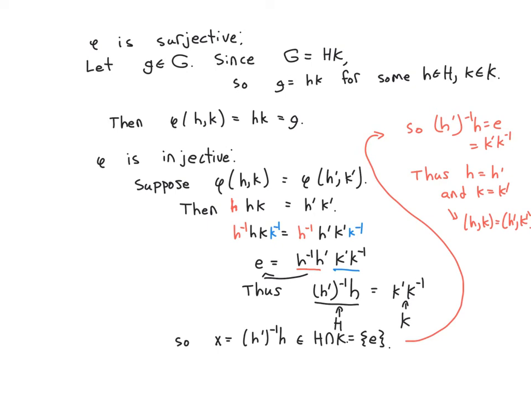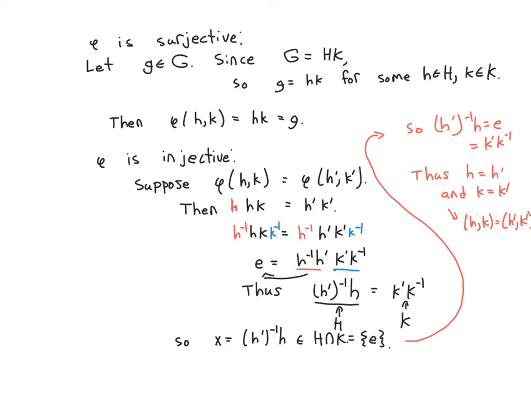Now let's check injectivity. All we have to do is suppose that the function takes two inputs and sends them to the same output. Suppose phi of two ordered pairs are the same. So phi of (h,k) equals phi of (h prime, k prime). Then that means h times k is equal to h prime k prime.